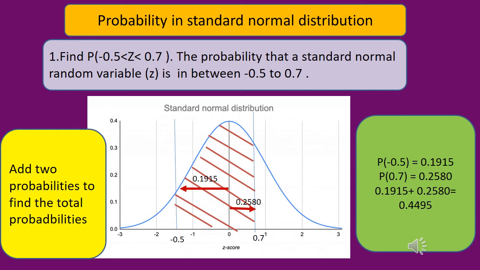As I mentioned earlier, now we'll add those two together: 0.1915 plus 0.2580 is 0.4495. That is the probability of Z between minus 0.5 to 0.7.